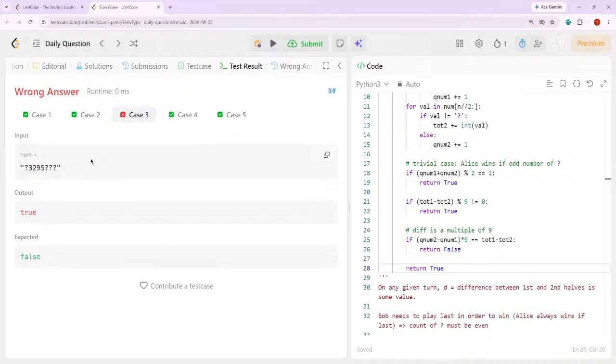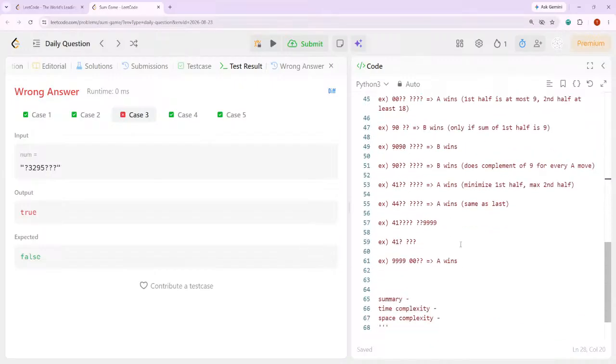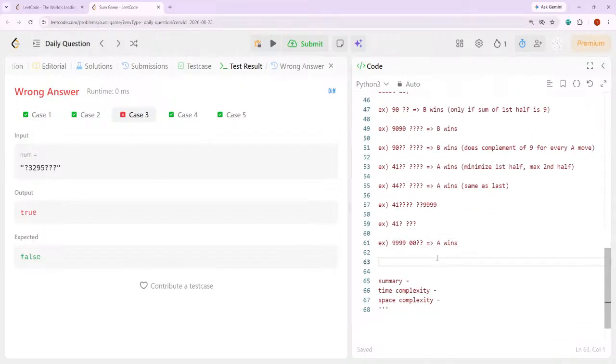Well, I guess I should probably say I guess rather than I think. Three, two, 3295. Okay. This is one of the basic test cases.